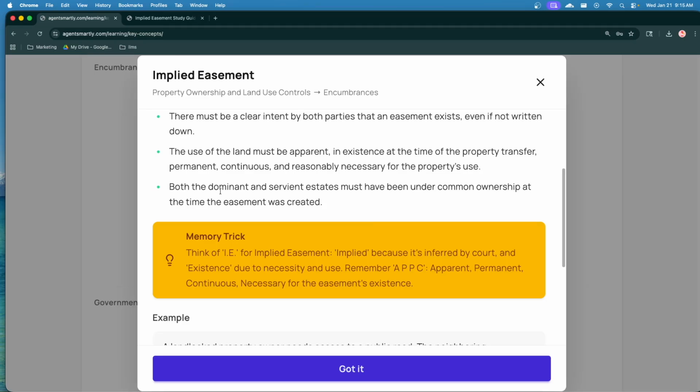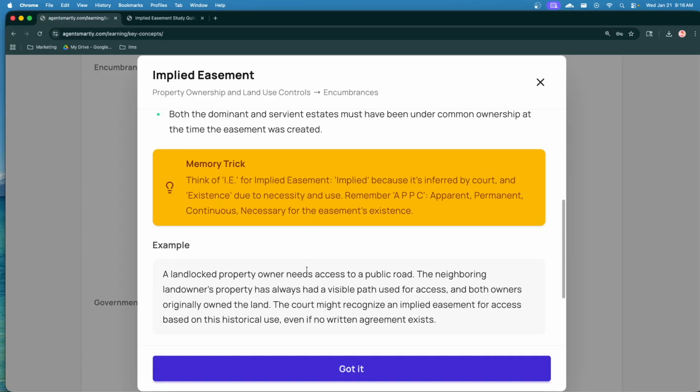So for this, dominant means who has the benefit, who gains the benefit. If it's you, it means you could cross your neighbor's land. And servient means who gave the benefit. So that's your neighbor giving you access to their land.